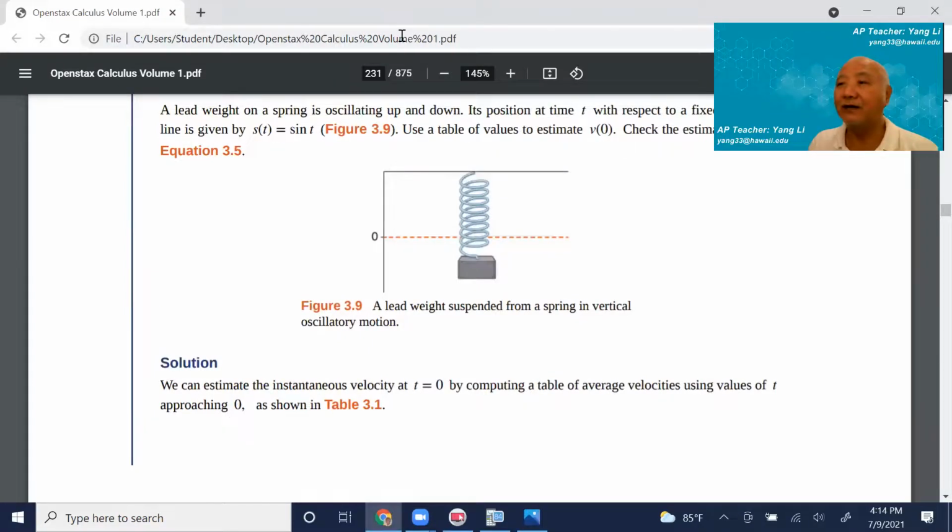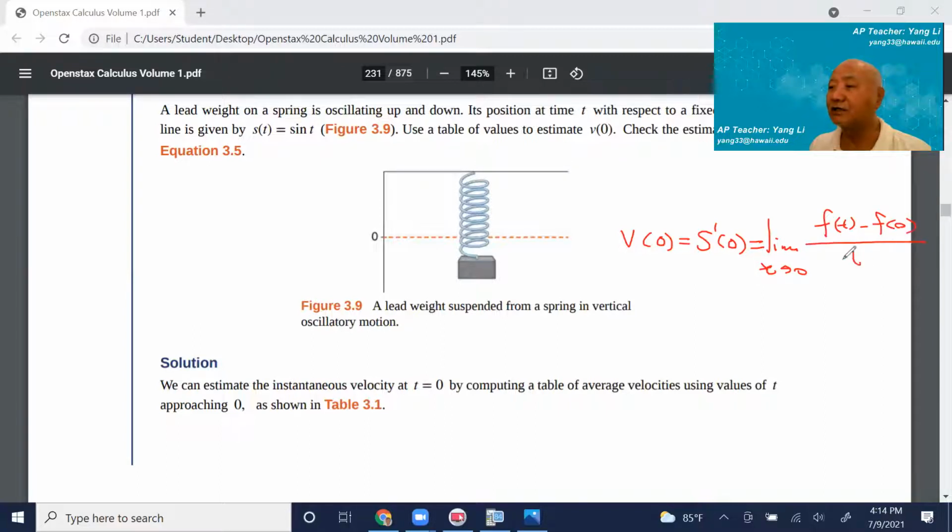We can find the velocity at t equals 0, which is the same as the derivative of the position function at t equals 0, and this equals the limit as t approaches 0 of (f(t) minus f(0)) divided by (t minus 0), right?